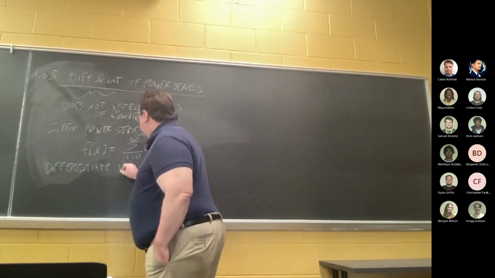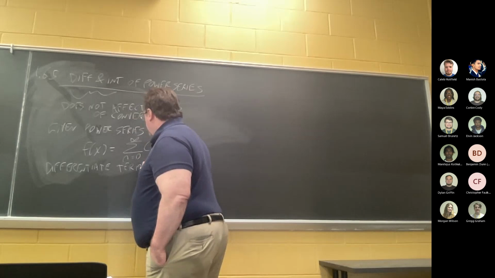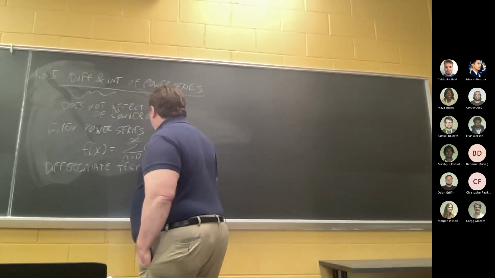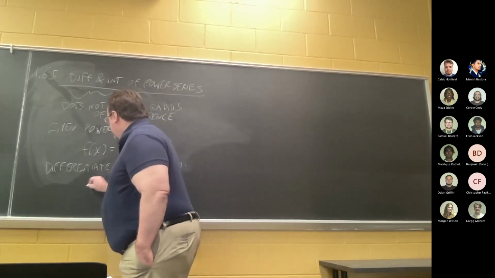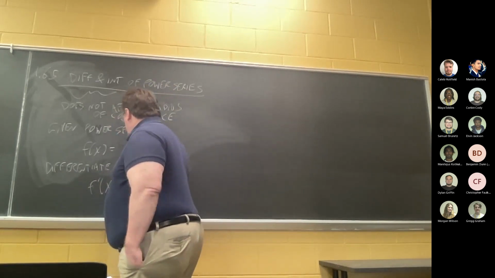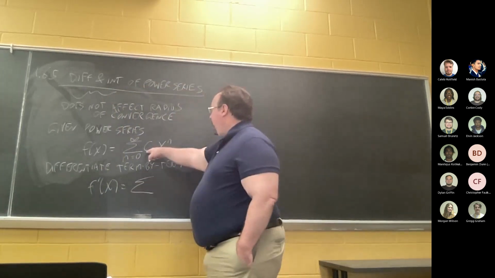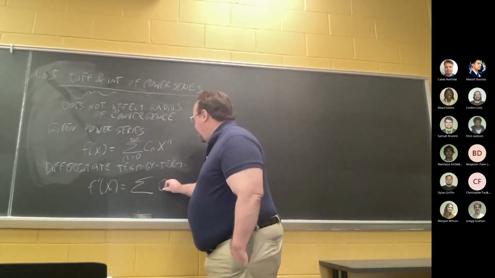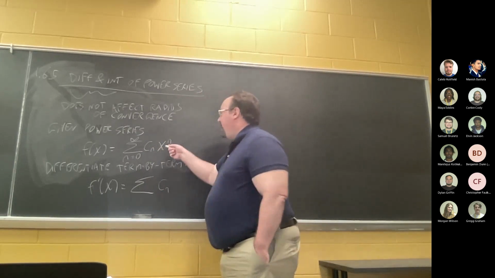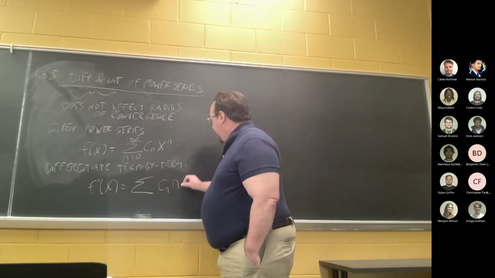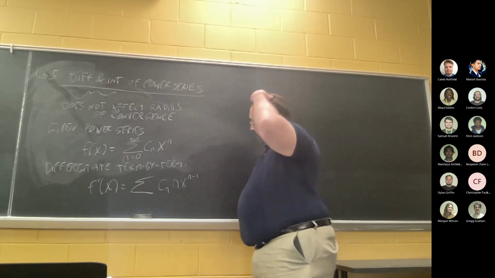In the case of a power series, I'm doing what is referred to as differentiating term by term. On the left side, I'm just going to have f prime. On the right side, c_n is just a constant, so that's just going to stay the same. And then I take a derivative of x^n. Well, it's the simplest kind of derivative we've got. So we have n x^(n-1).